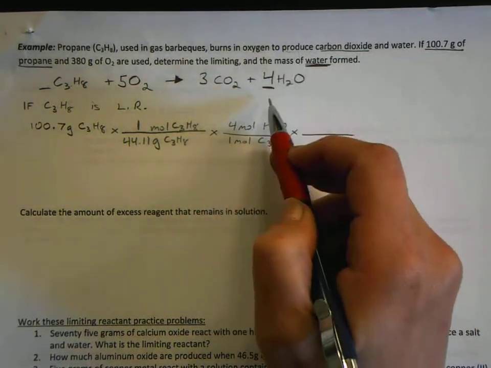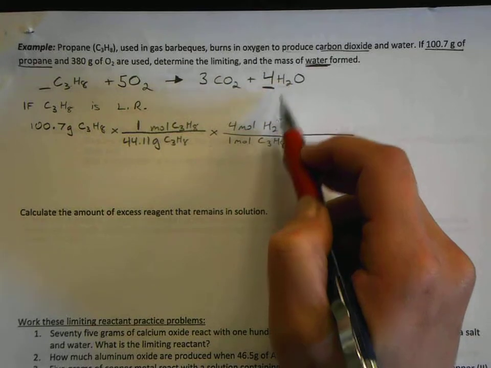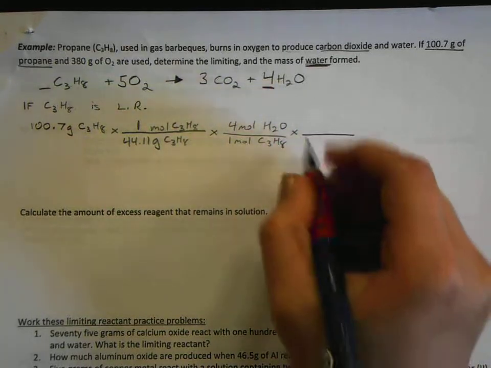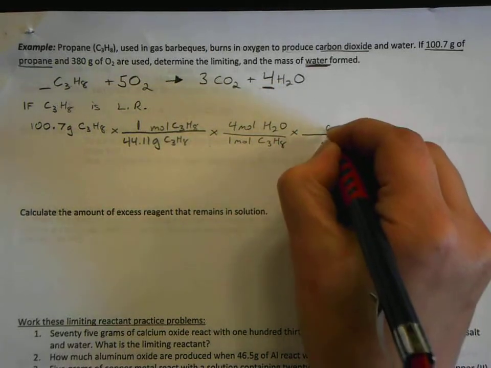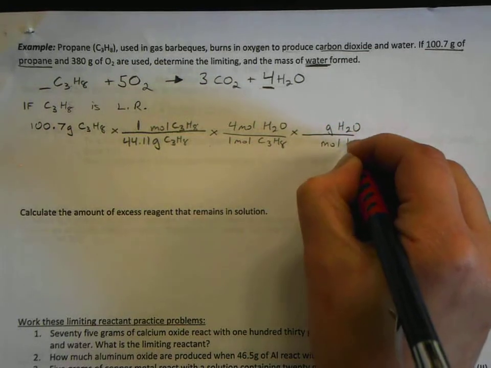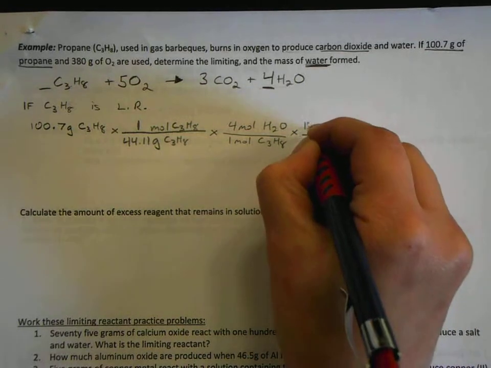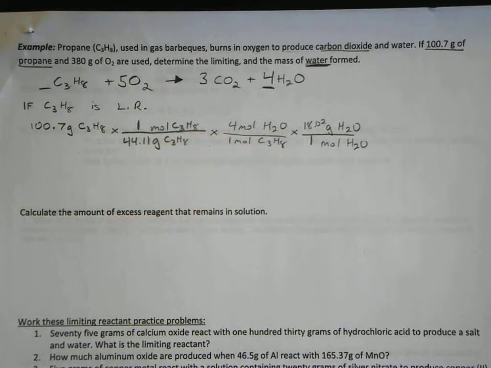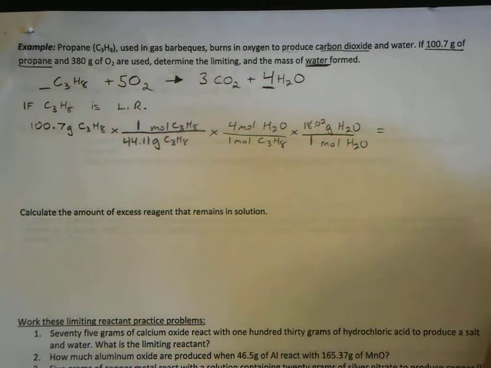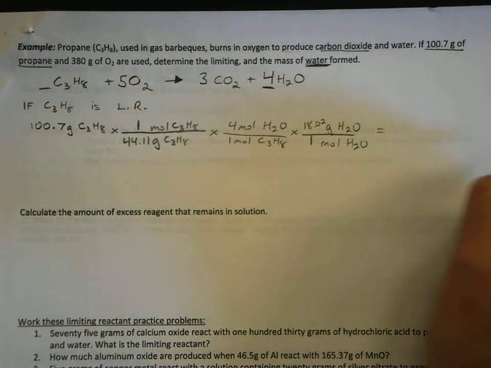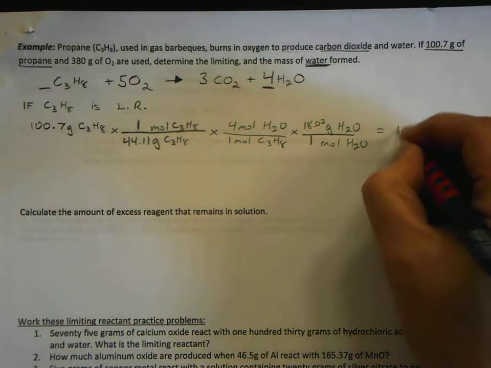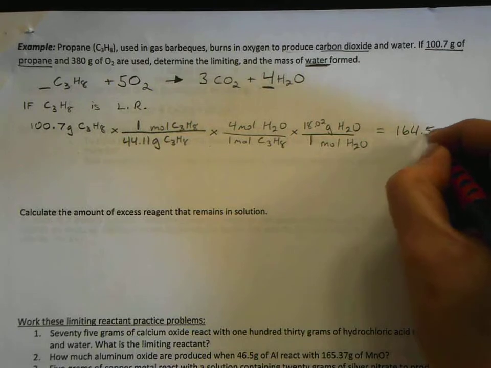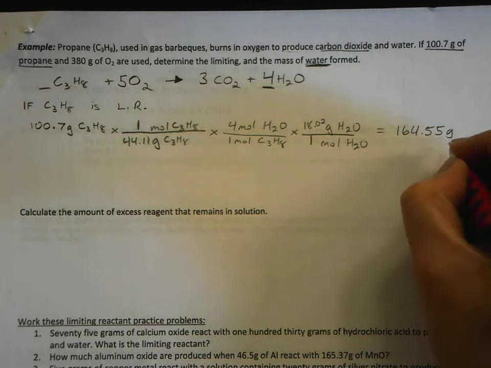My head doesn't really think in moles. I don't have any tools in my lab to measure moles of water. I do have tools that take moles and give me grams of water. The molar mass of water happens to be 18.02 grams per mole. I put all that information into the calculator and I end up with 164.55 grams of water.